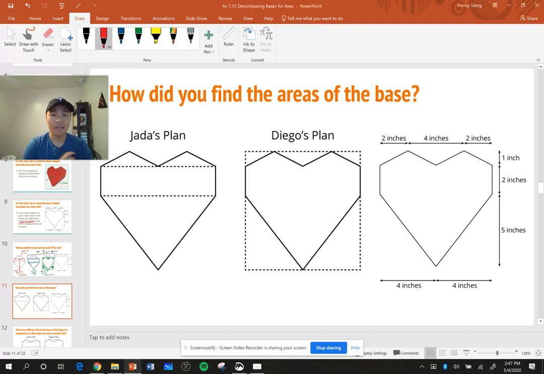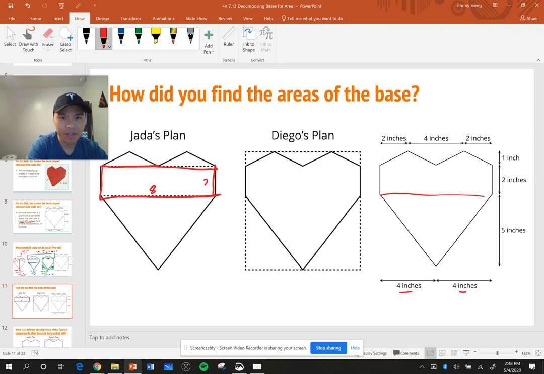Looking at Jada, I know that I have this rectangle right here. Well, that rectangle is going to have a base of 8, right? Combining these two. And then the height of that small part is 2, laying right there.